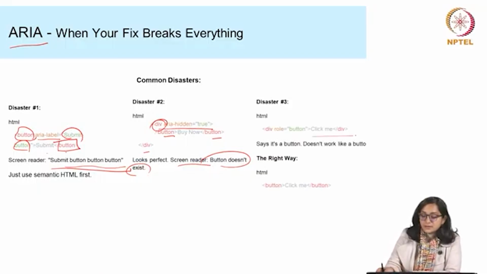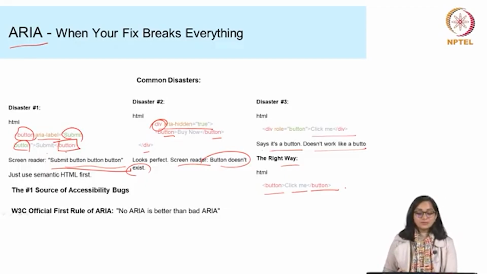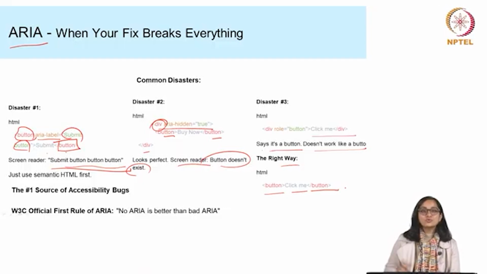In this kind of scenario, it says it's a button but doesn't work like a button, right? So the right way is button, click me, button. The number one source of accessibility bugs is misuse of these ARIA labels, and it is important to inform yourself about how to use them.